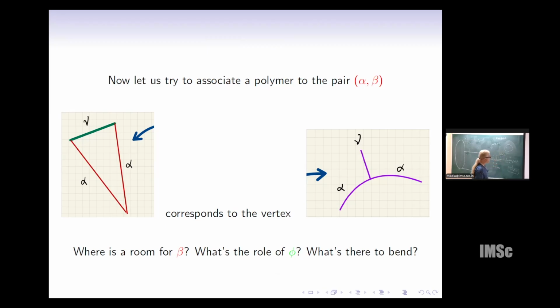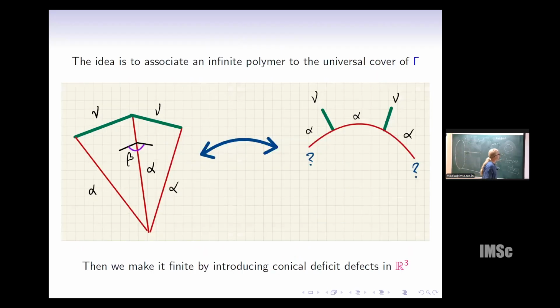But where is the room for beta? I need some kind of bending angle. And what is the role of phi, the eigenvalue of the gauge field? What is there to bend, and how to see the dynamics? So the idea is, I have a triangle, and I need an angle beta at the edge connecting two triangles. So let me just replicate this triangle at the angle beta.